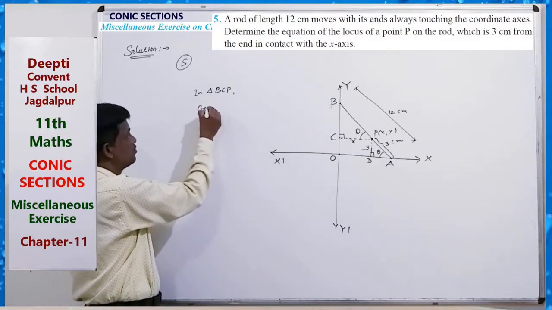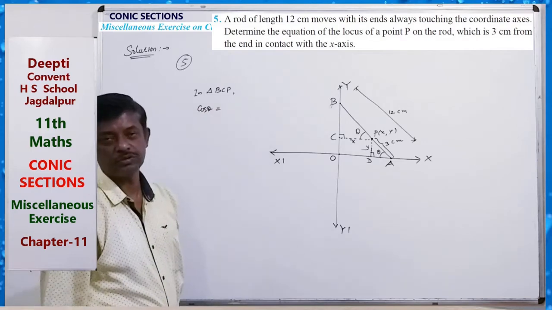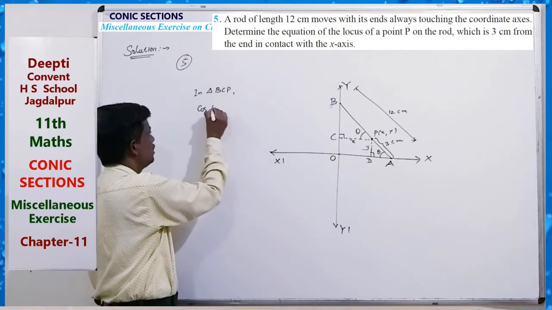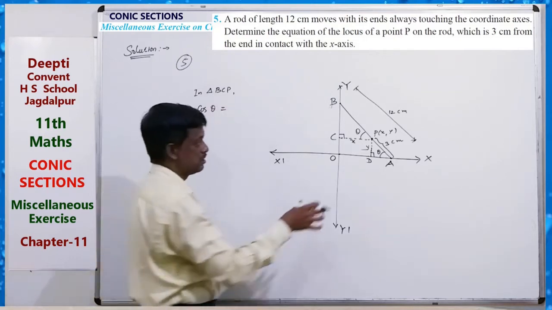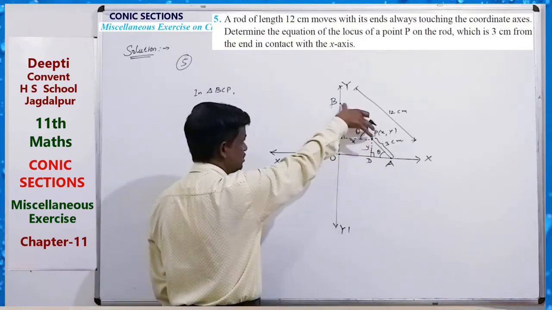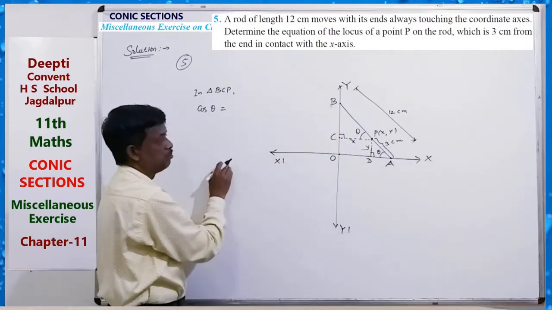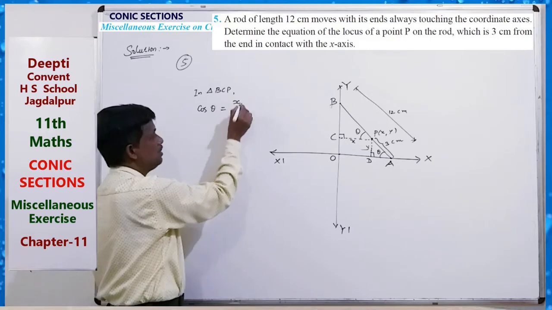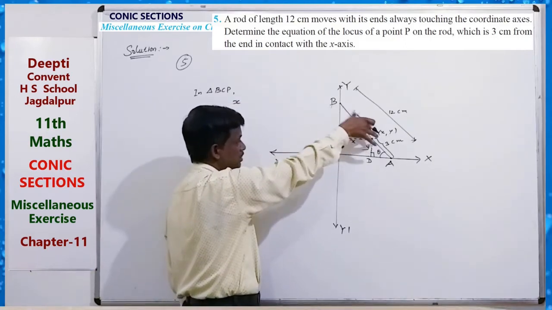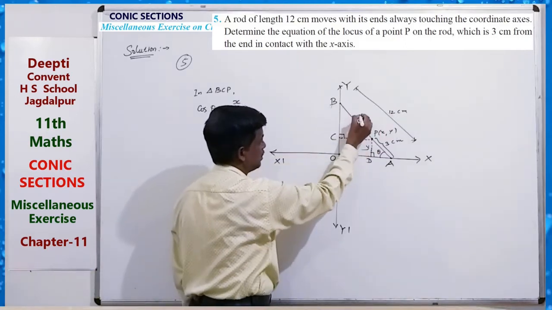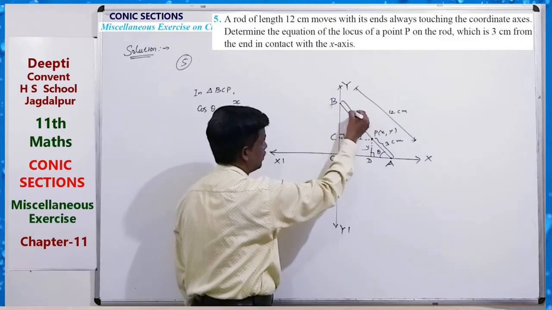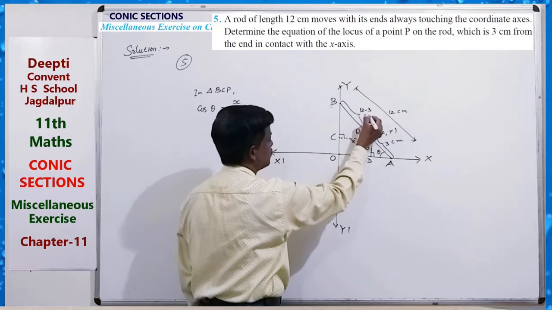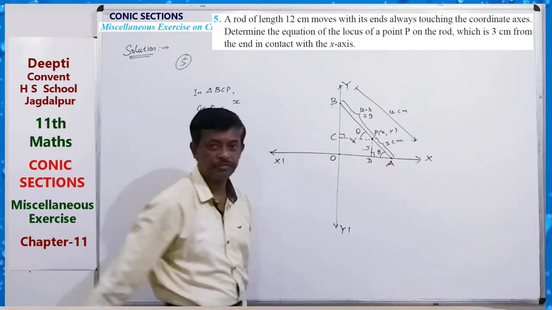So in triangle BCP, cos theta equals to base by hypotenuse. Base is this, hypotenuse is BP. So x by, what will be the value of this? 12 minus 3, equals to 9.